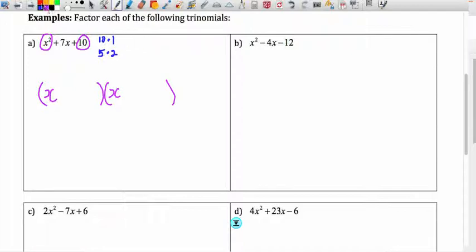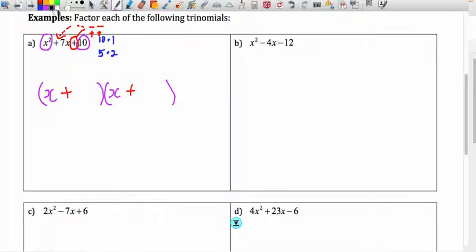Next important piece of the process is to look at the sign over here. If it's positive 10, then we have two options: a negative multiplied by a negative, or a positive multiplied by a positive. In this case, we look at the sign of the middle term, which is a positive, and that tells us straight away that we have two positives in our parentheses.